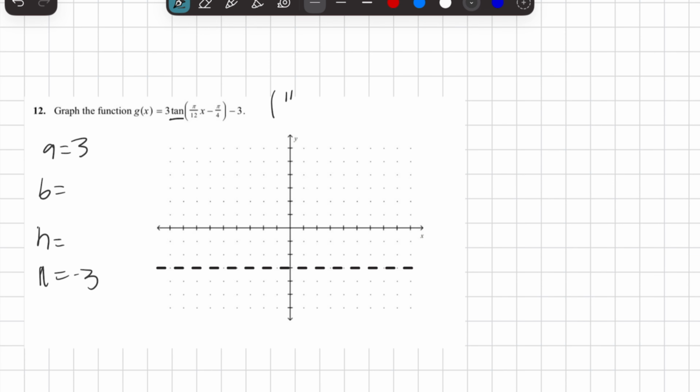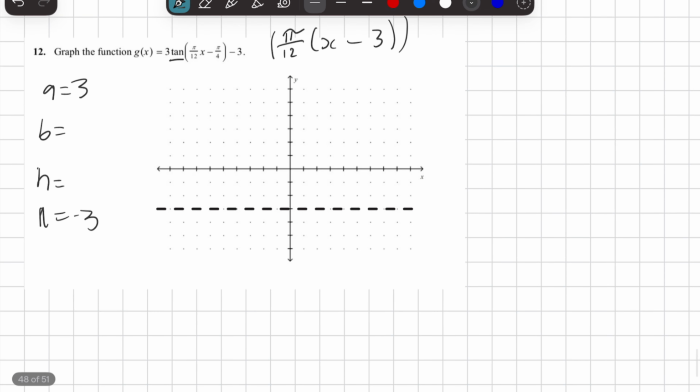So let's do pi over 12 times x negative. Okay, and now we do pi over 4 times 12 over pi. The pi's will cancel out, and then you're left with 12 over 4, which is just 3. There. So our b value is 12 over pi, and our h value is positive 3.